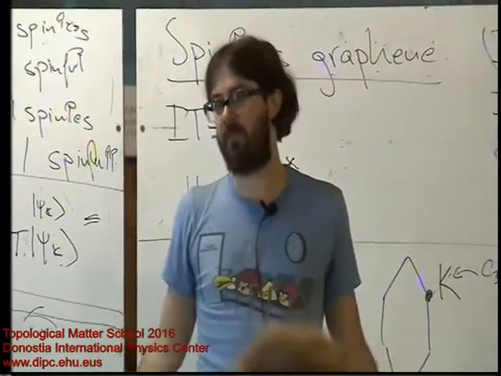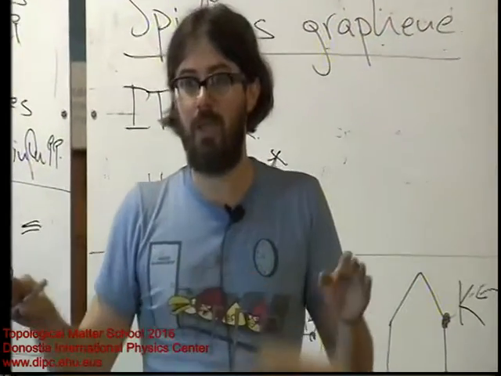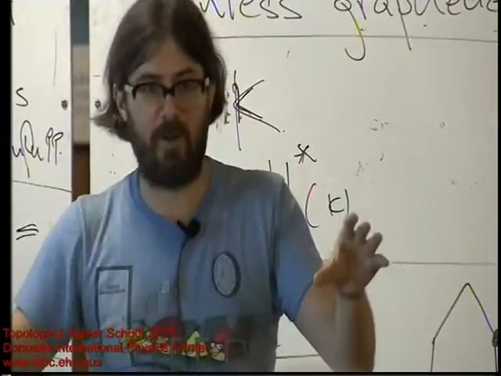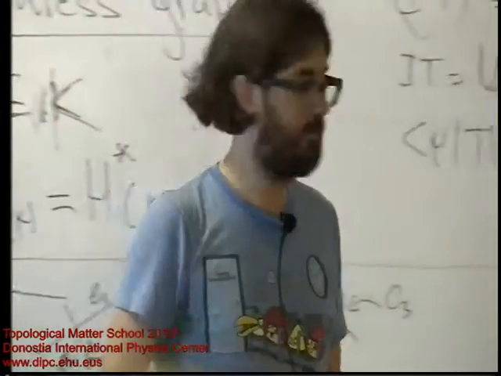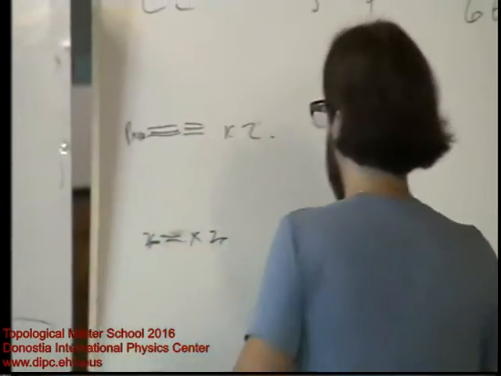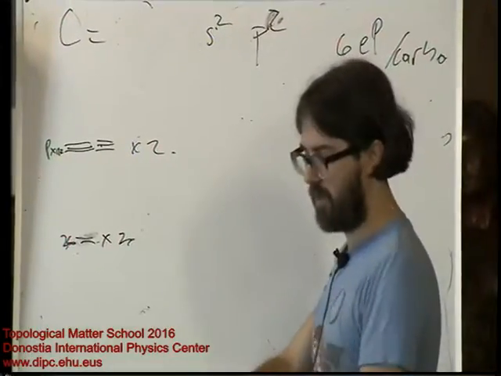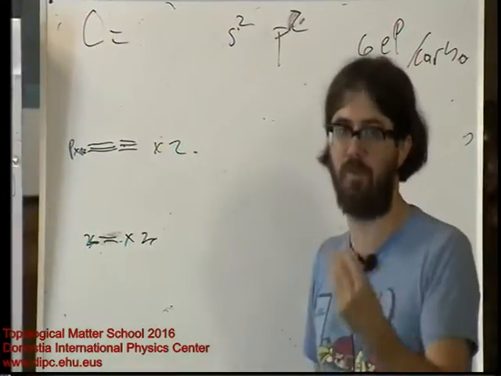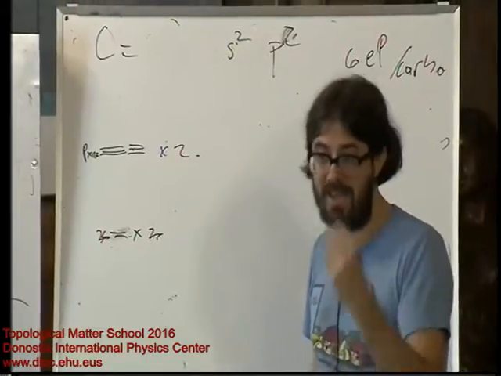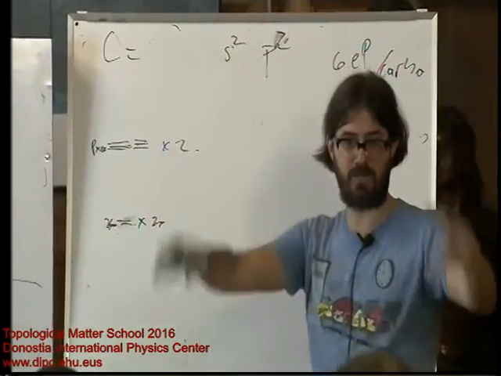S, px, and py have even eigenvalues. Unless you buckle graphene or put it on a substrate, there's no way there's going to be any hopping between the pz orbitals and any other orbitals. The pz band is kind of inert.